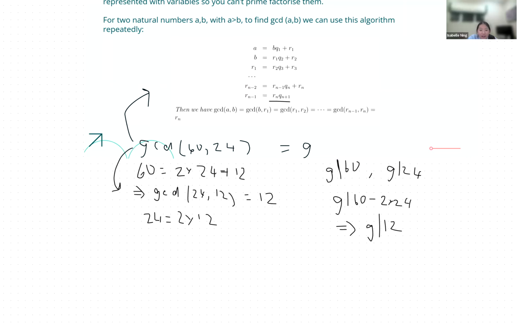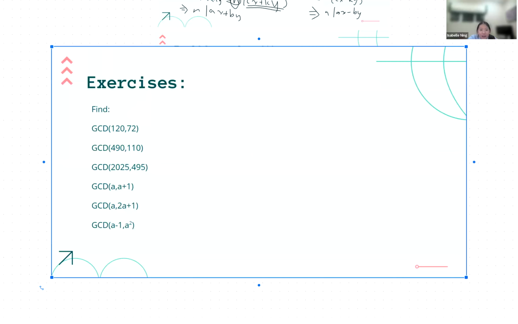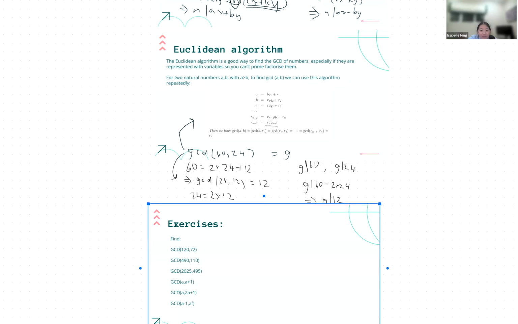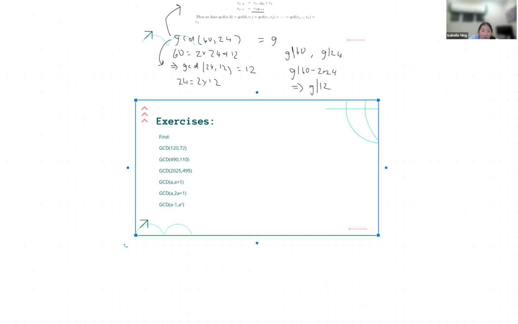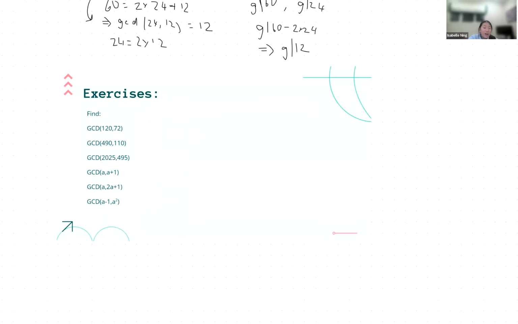I'll give you guys 5 minutes to try all of them. The Euclidean algorithm is useful for doing exercises with variables, for example, because then you can't really factorize them.